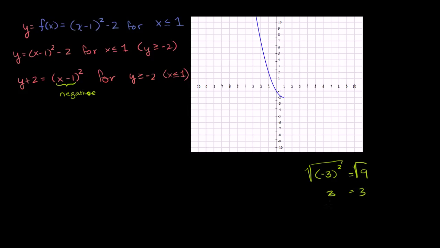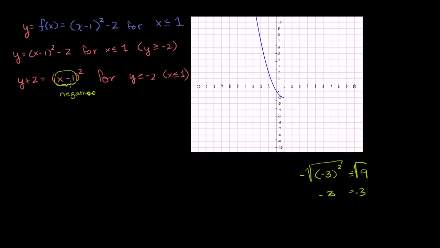But that's not our goal. We want to get back to negative 3. So we want to take the negative square root of our squared. Because this expression is negative and we want to get back to this x minus 1, we need to take the negative square root of both sides.